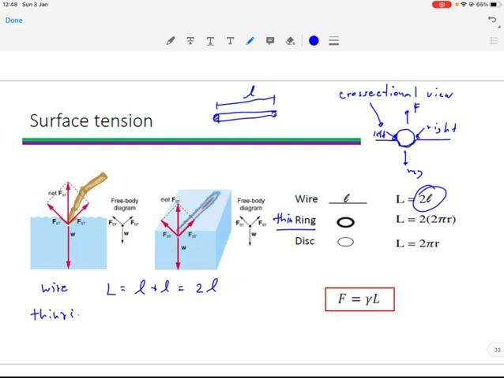Thin ring, L is 2 pi r plus 2 pi r, because we approximate that the inner radius and the outer radius are the same. Okay, I should write this first: R in, R out. But because we assume that R in is about R out, you get L equal to 2 multiplied by 2 pi R.